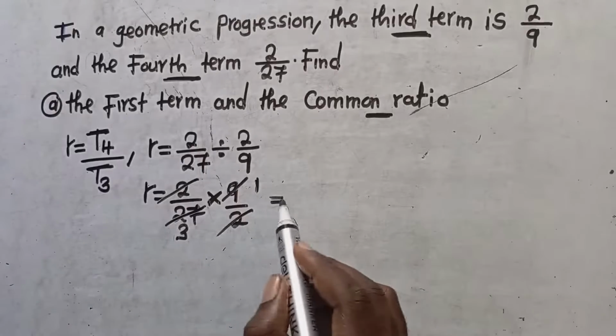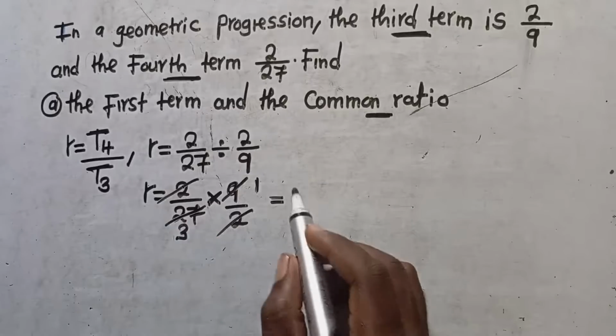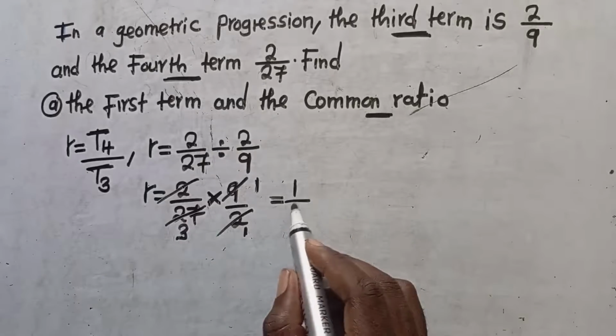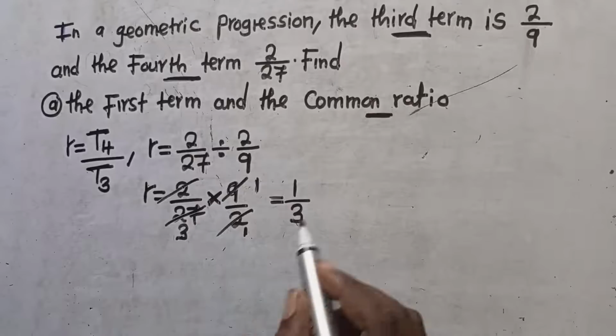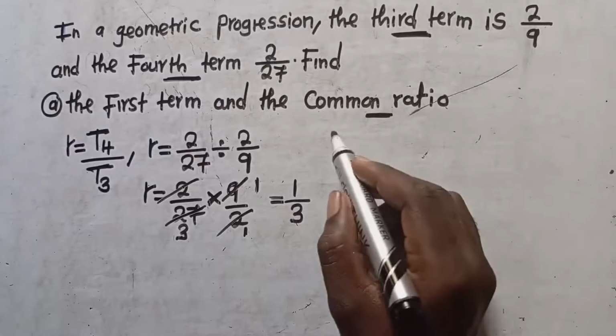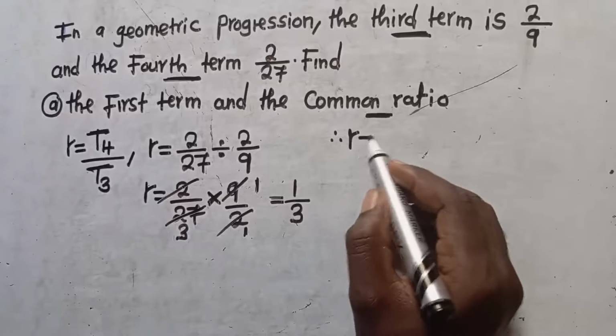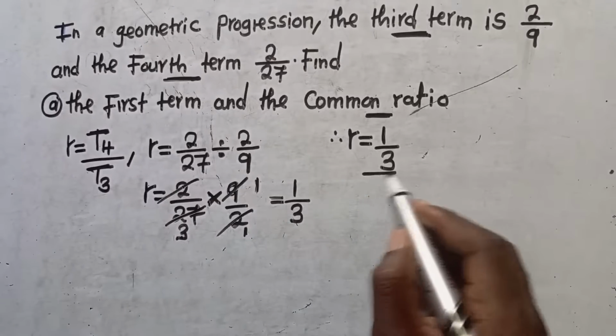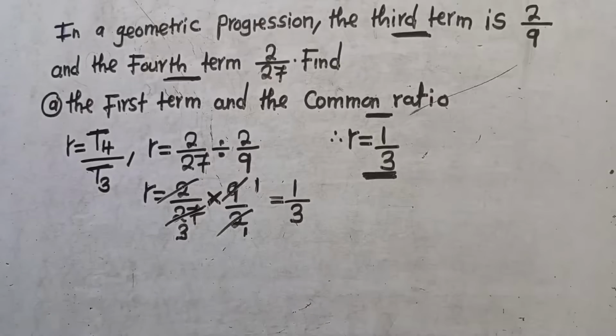So the answer that you're going to have is 1 times 1, that is 1, over 3 times 1, that is 3. Therefore the common ratio is equal to 1 over 3.